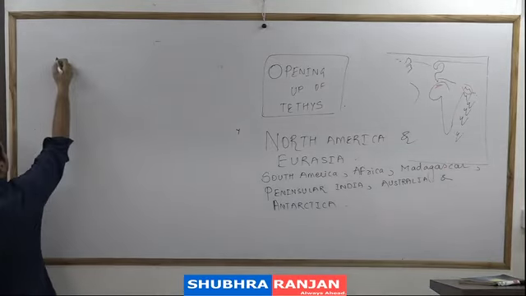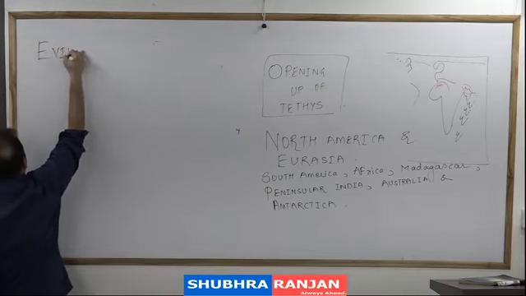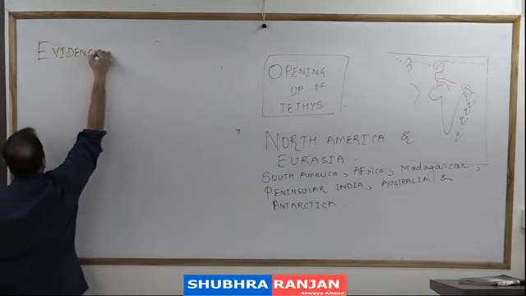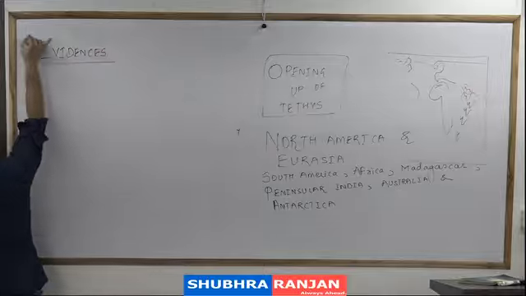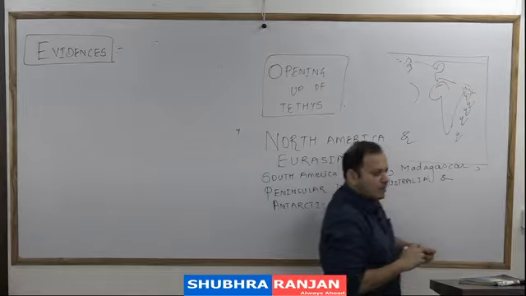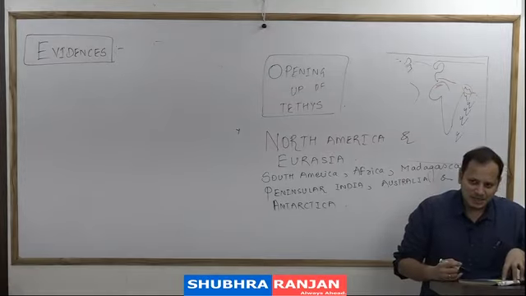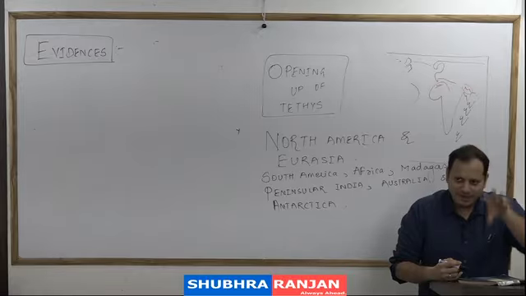So then why do we study the theory? Because the next point is evidences. Some evidences were given by Wegener, and some evidences were discovered later. Over the period of time we do not go into detail about which was given by Wegener and which was found later. We just take the evidences as they are.